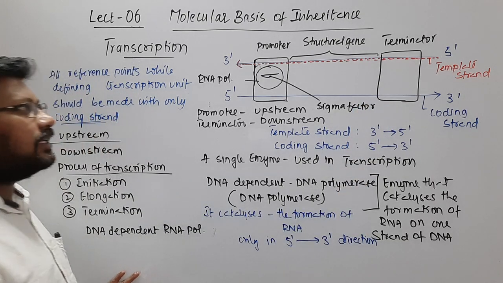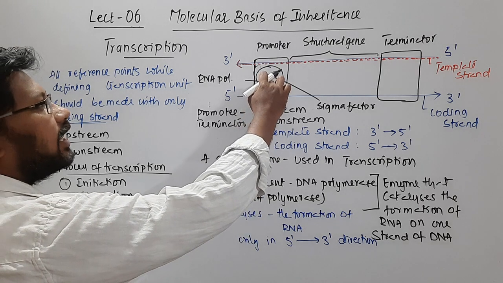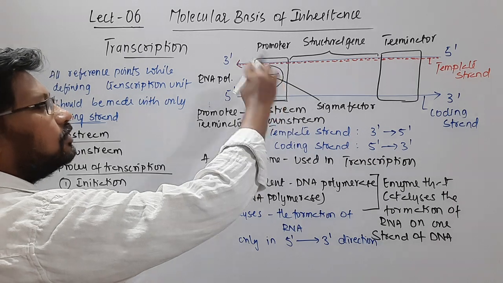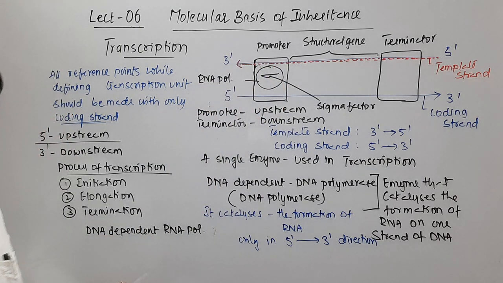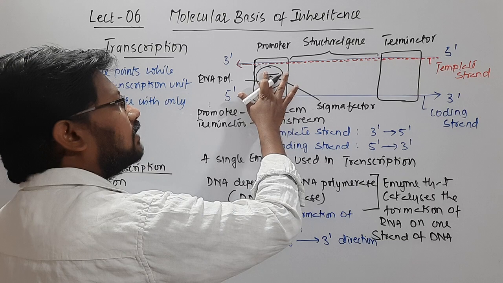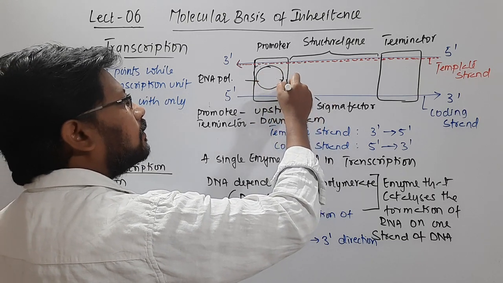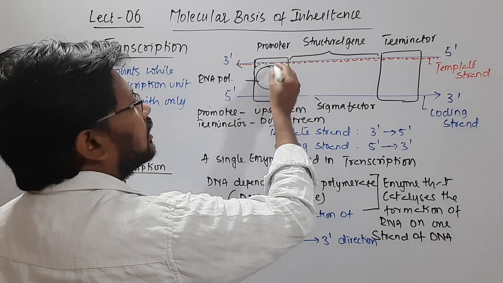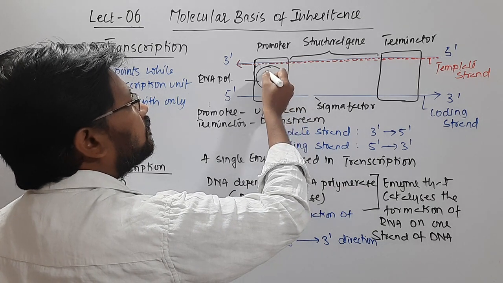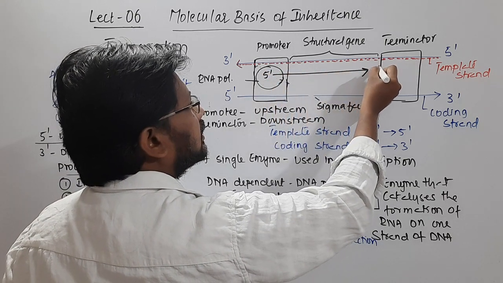When the sigma factor binds with the RNA polymerase, it changes its functionality so that it can identify the promoter region. Once the identification is completed, the sigma factor will unbind from the RNA polymerase, and now the RNA polymerase moves from 5' to 3'.